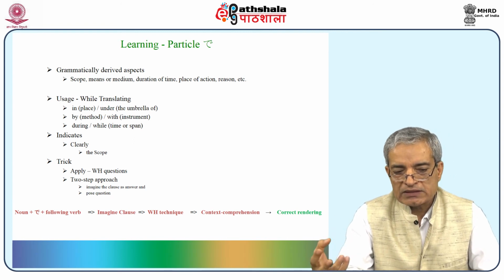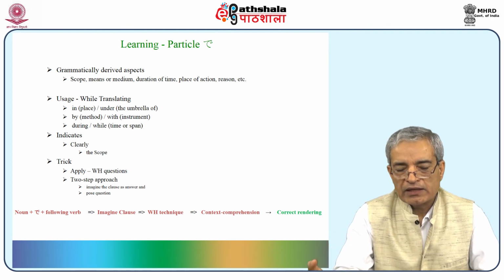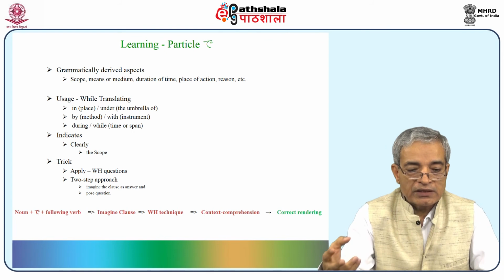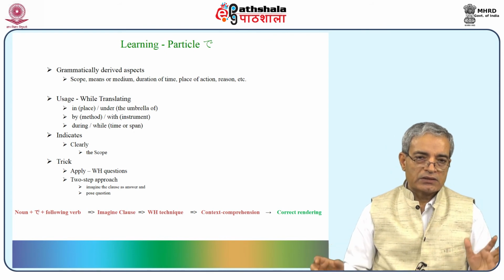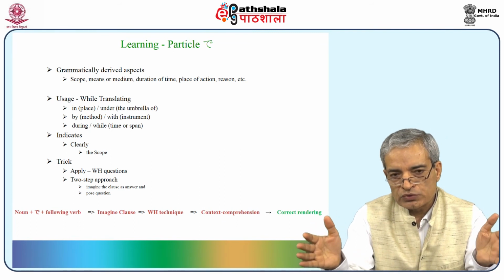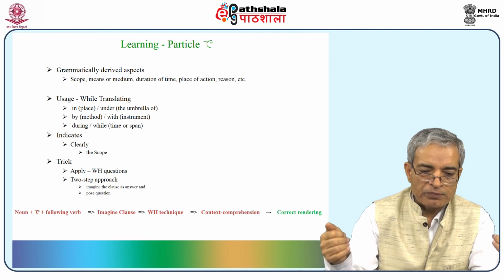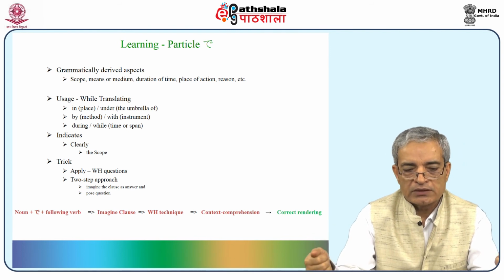So it is the context which tells you what would be the equivalent or what aspect this particle is handling here. So it very clearly indicates that it is, broadly speaking, used to limit the scope, whether in terms of place, method, or duration.